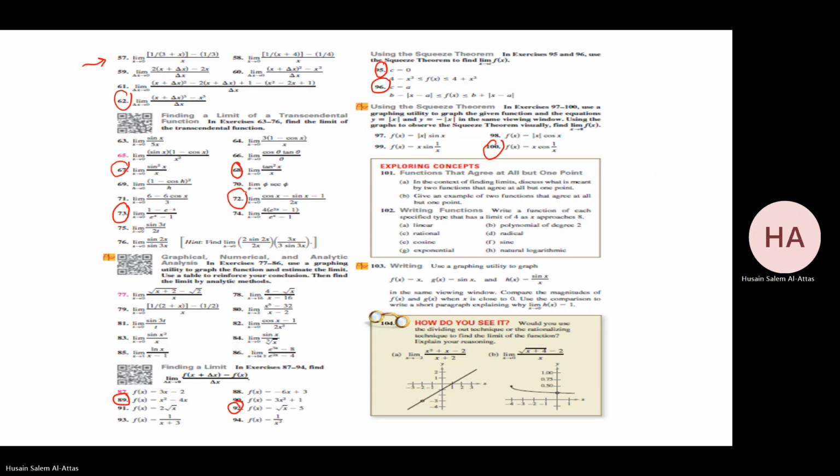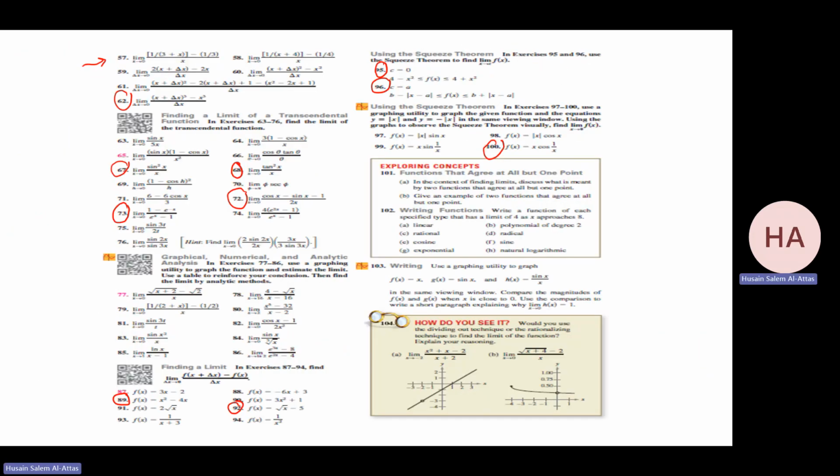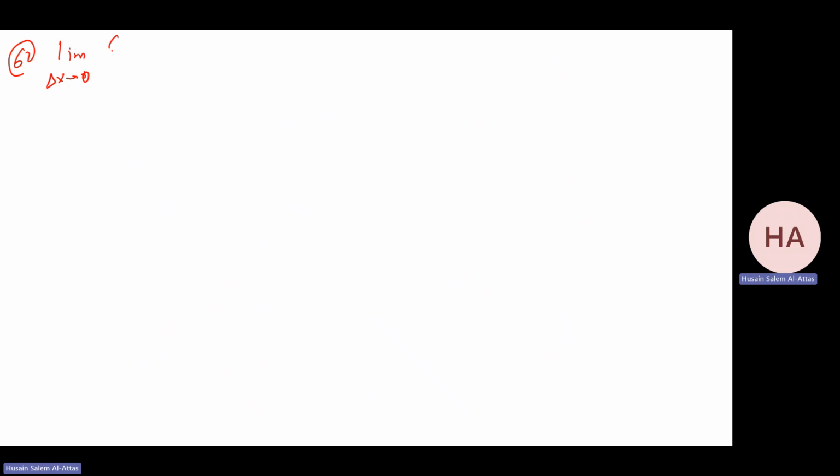62. Limit as delta x goes to 0 of (x plus delta x) cubed minus x cubed over delta x.